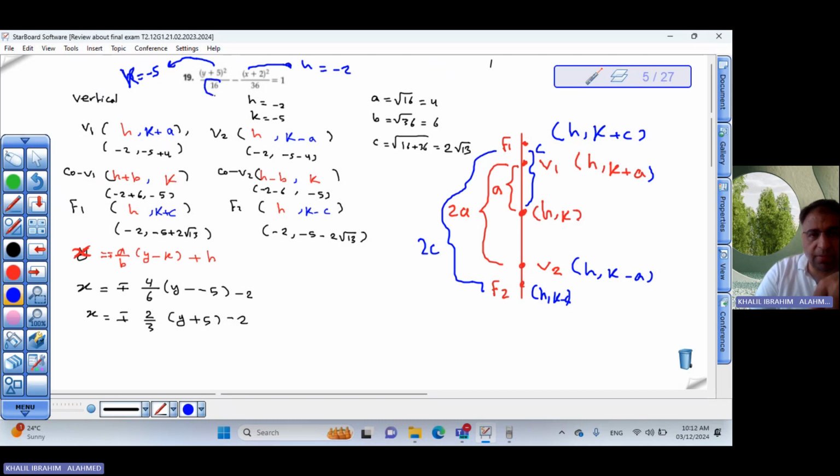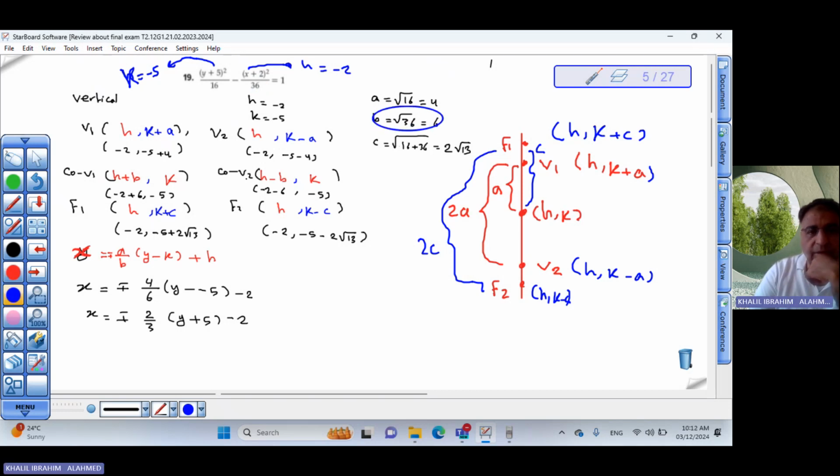A squared is 16, so a is radical 16, equals 4. And b squared is 36, so b equals radical 36, equals 6, as you see here.